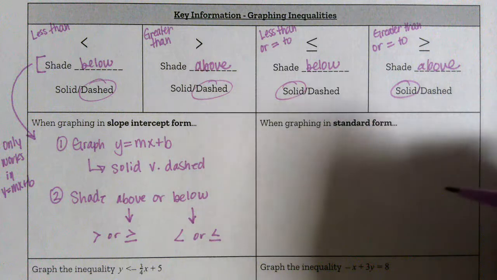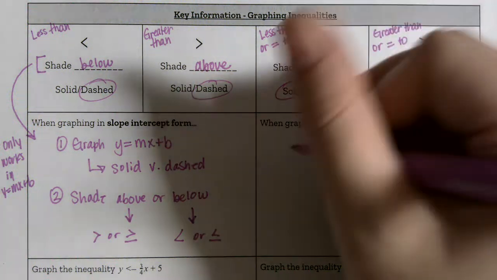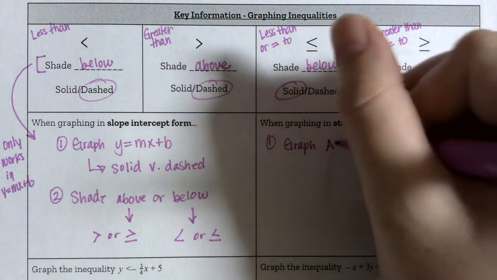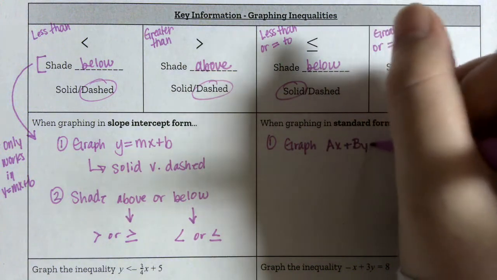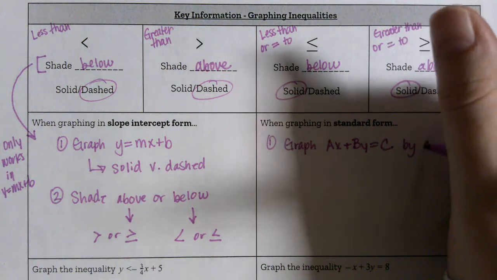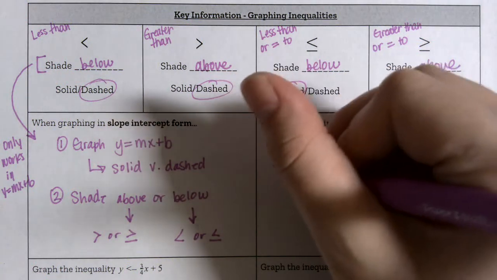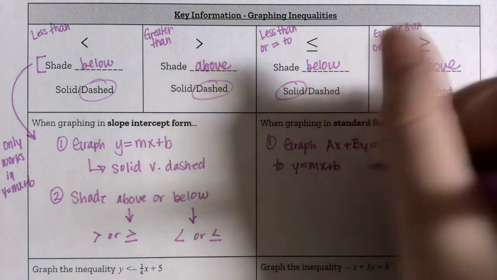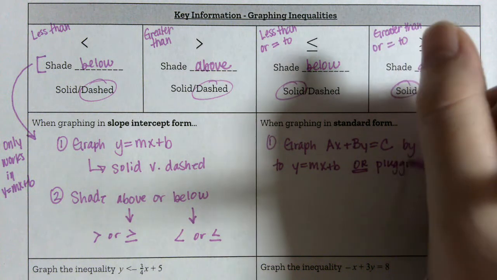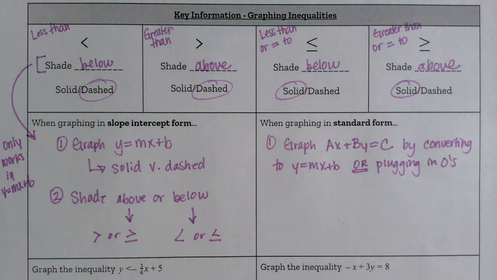So then in standard form, it's a little different because to graph in standard form, you have two choices of how you graph. You are going to graph the equation by converting or plugging in zeros for x and for y.